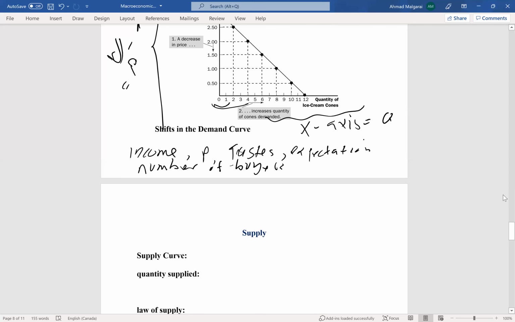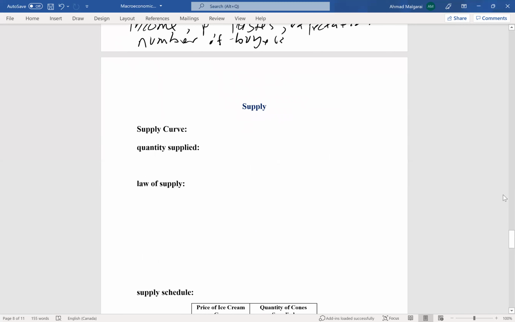So this now brings us to the issue of supply. The supply curve is the relationship between price and the quantity supplied.